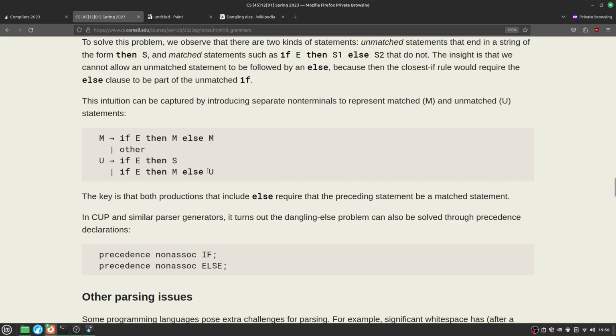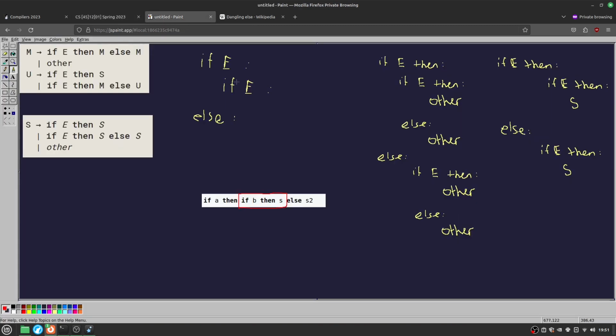So, okay, if we're going to have an unmatched statement, it has to be after a matched statement, which is fine, but what if this is literally your string, then what?